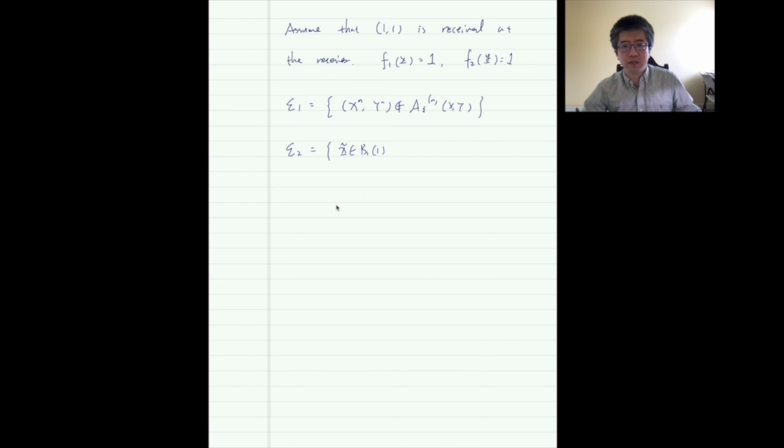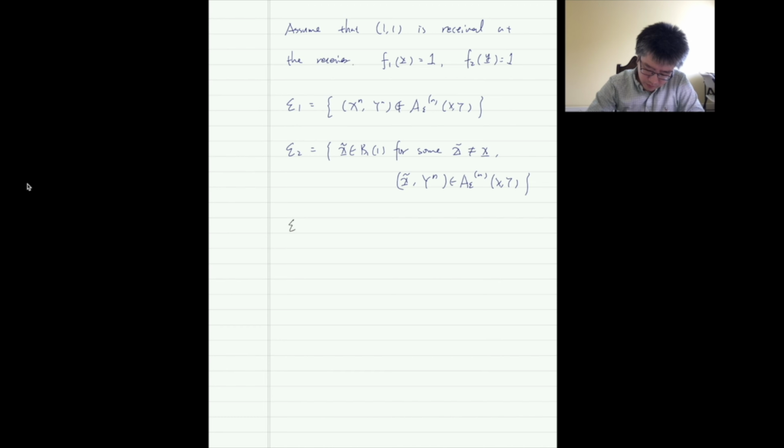Remember that index 1 is received. So there exists another x tilde, for some x tilde not equal to x which is transmitted, such that x tilde and y^n are in the joint typical set. And then we have an error, because x tilde is not what we transmitted.